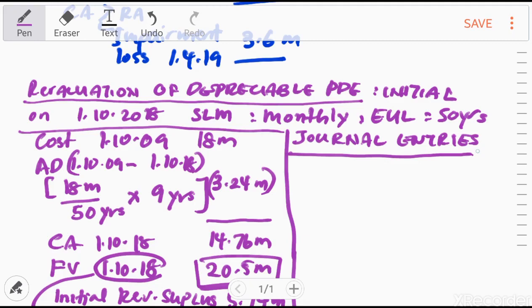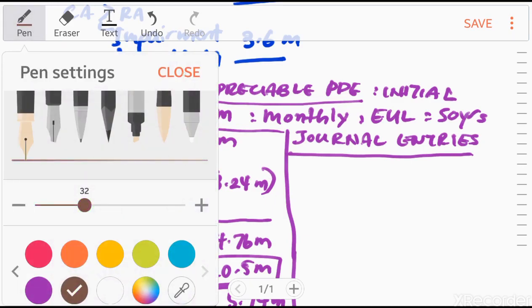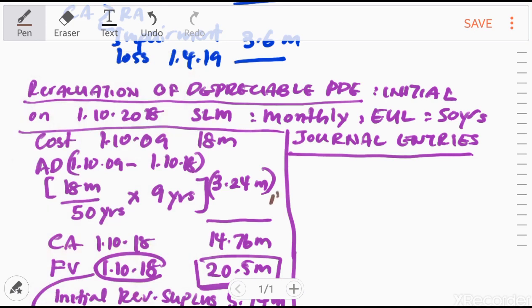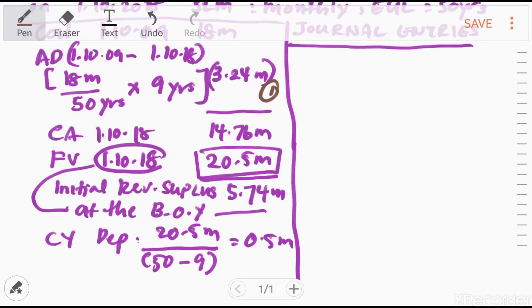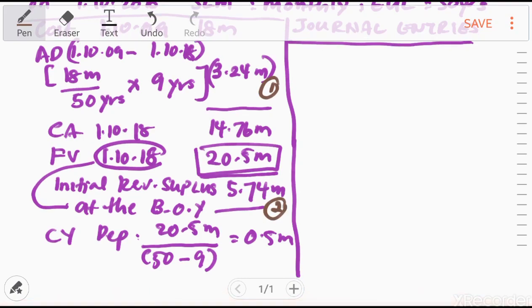I start off with number 1, then proceed with the surplus as number 2, then number 3, which is depreciation, and number 4 is the concept of revaluation surplus realized. Let's do what you're familiar with first.